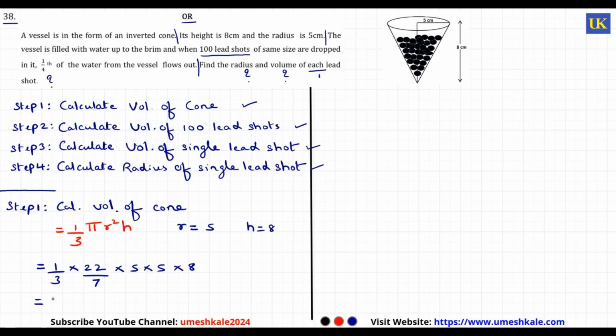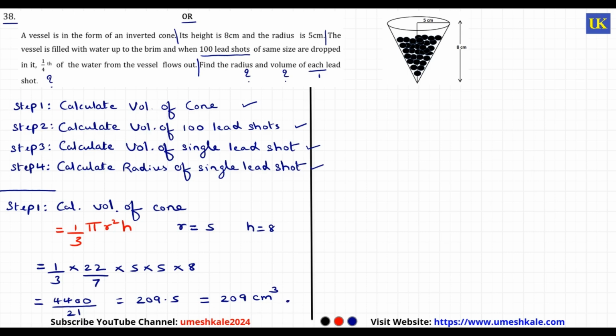All the numerator parts we will multiply, so 4400 is what we will get, and the denominators we will multiply, so we will get 21, and we will divide it. So we will get 209.5, which we can take as 209 centimeter cube.